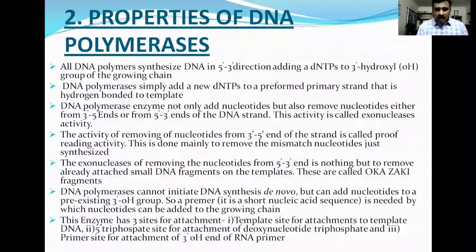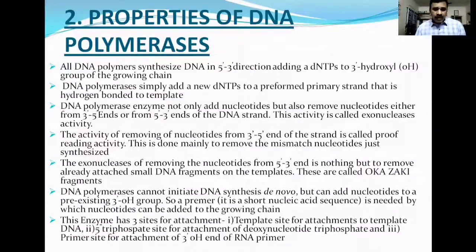That means they not only add the new nucleotide to the DNA sequence, they can also take off certain nucleotides from the DNA molecule. This activity, the removing of the nucleotides from the DNA molecule, is called exonuclease activity.